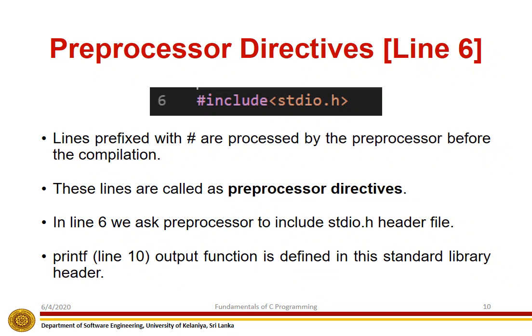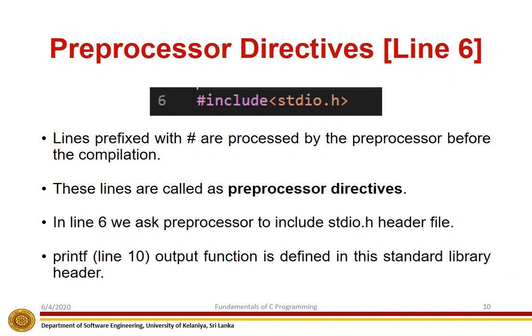This includes a header file in the program when you write C programs. There are already some files we need to include in our program to write our projects. For that we call these header files. For example, here you can see the most basic preprocessor command, hash include stdio.h. There are other preprocessor commands also, but this is the most basic one.